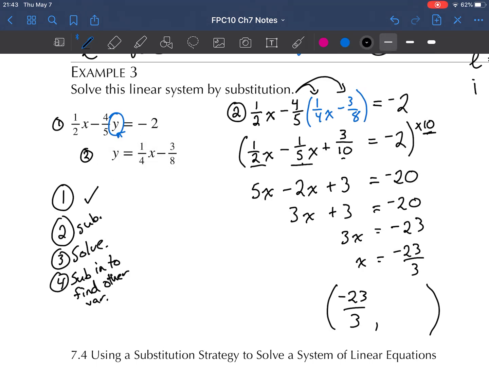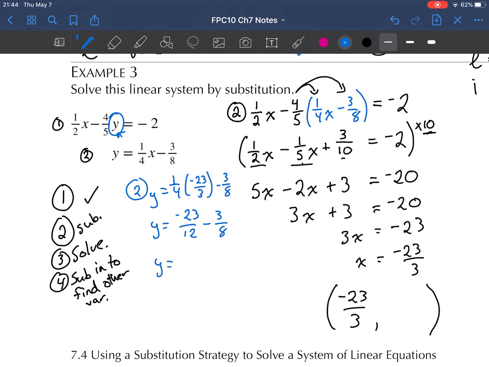So I'm going to put this guy back into equation number 2. So y is equal to 1/4 times negative 23 over 3 minus 3/8. So I do y is equal to negative 23 over 12 minus 3/8.